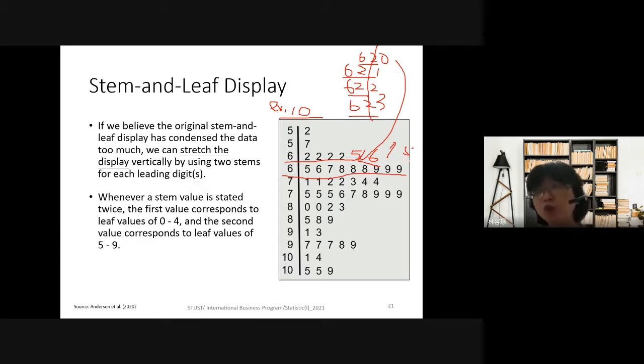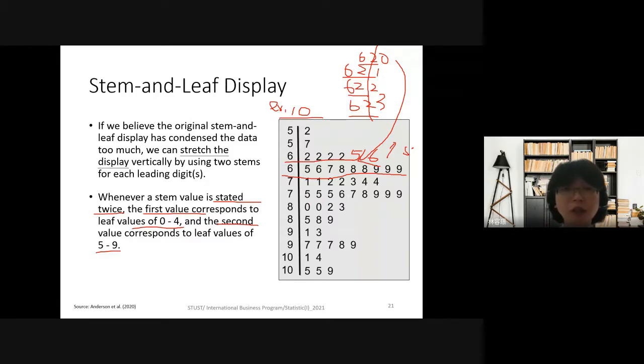But if you don't want to express them so long, you can state them in a second row. The first row can respond to the values from 0 to 4, and the second from 5 to 9.